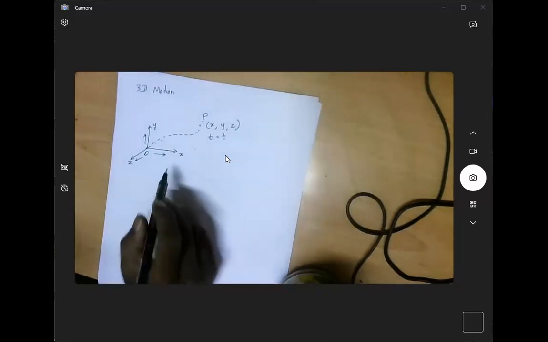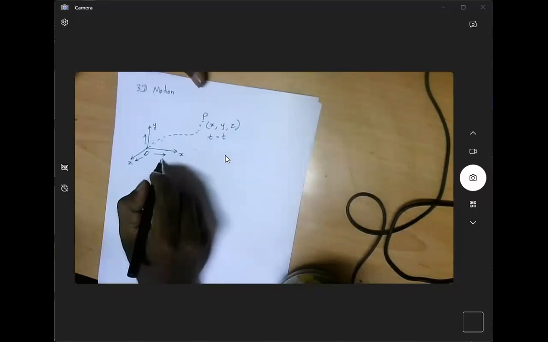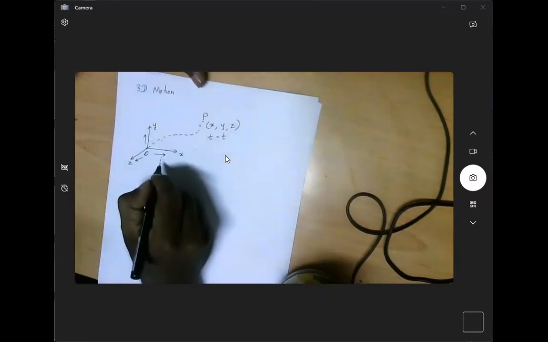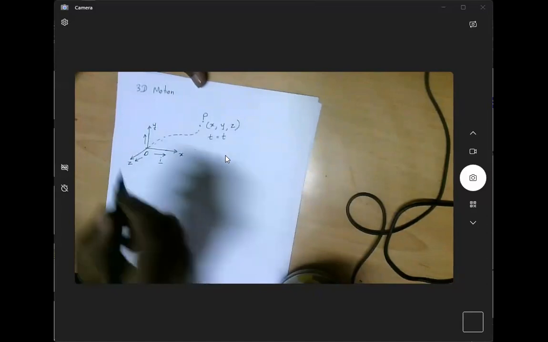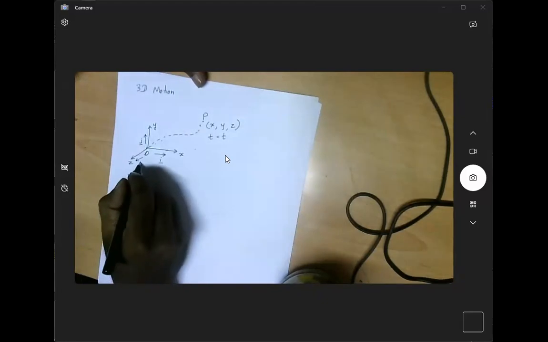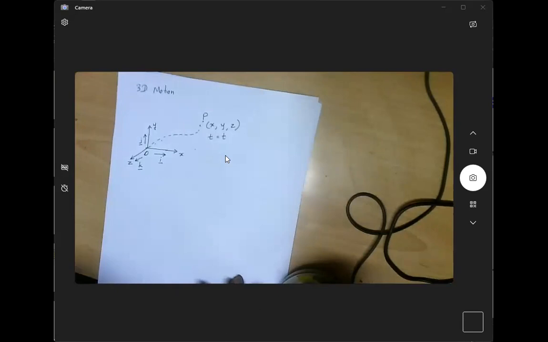So what we need is three unit vectors. The one along x direction, I call it i. One in the y, we call it j. And one in the z direction as k. Right? i, j, and k.